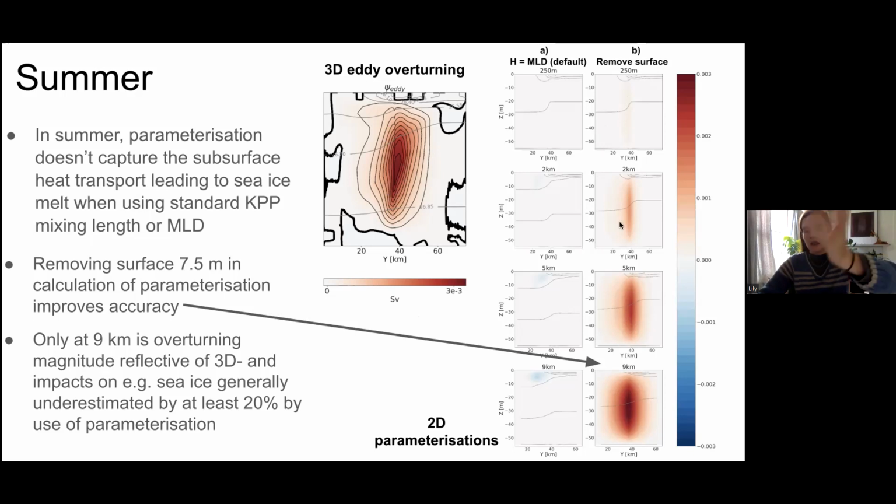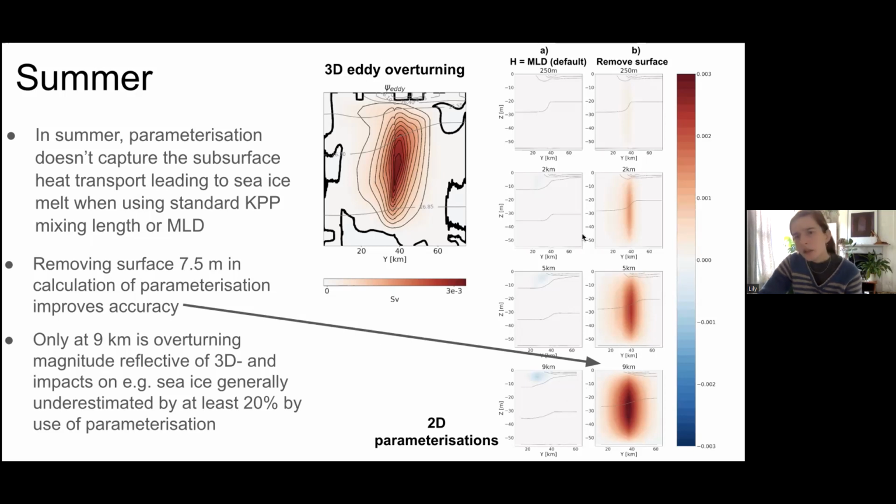You see it gets stronger and wider as the resolution gets coarser. But overall, I also looked at whether these 2D resolutions and 9 kilometers reproduce, for example, meridional heat transport by eddies, and it still seems better at the coarse resolutions, but still slightly underestimated at 9 kilometers, for example. So that was the summer.